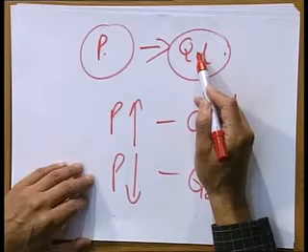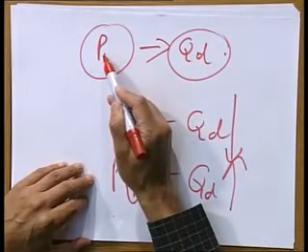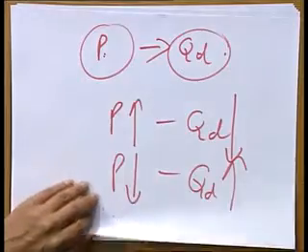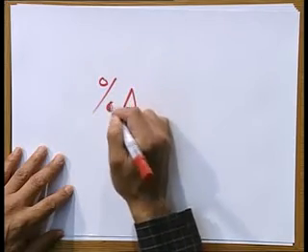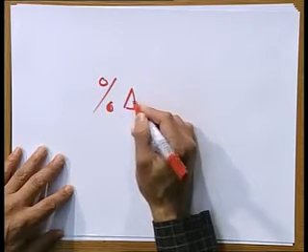It calculates the percentage change in the quantity demanded if there's a change in the price. So what is the price elasticity of demand? It measures the percentage change in the quantity demanded because of the percentage change in the price. So we have got two variables here, price and quantity demanded. Now this symbol, the triangle, means change.